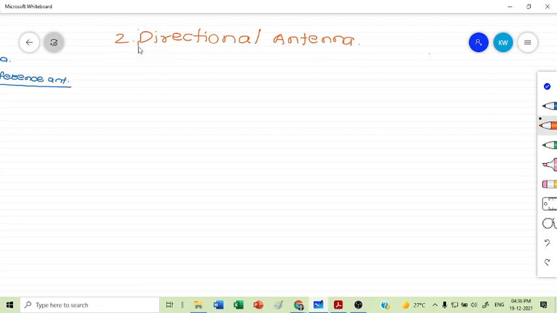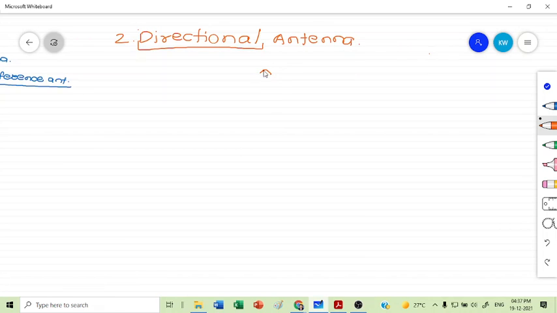As the name itself suggests, directional, it means that a directional antenna radiates in a particular direction. The antennas which radiate in a particular or specific direction are called directional antennas.